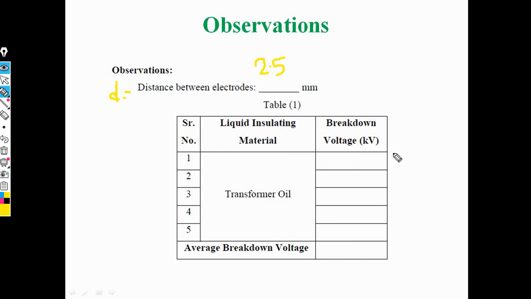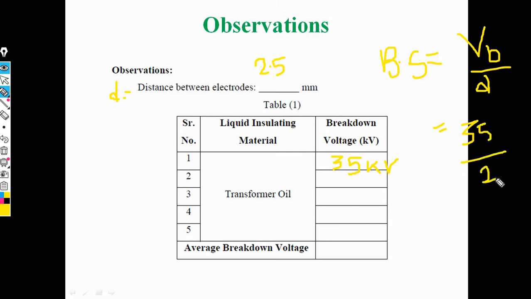Then we measure the breakdown voltage. For example, we have considered 35. Then we calculate the breakdown strength, which is the ratio of breakdown voltage upon distance. Here the breakdown voltage is 35 upon 2.5.